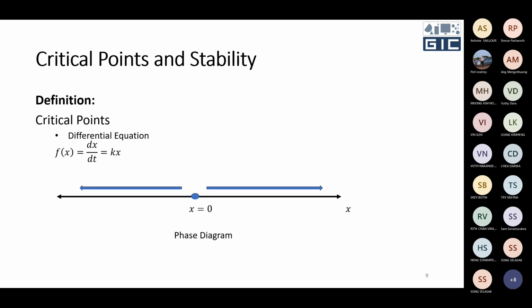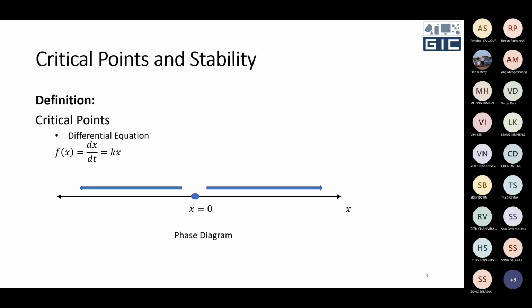So in our critical point, if we have a differential equation f(x) equal to kx in this case, in order to make our function or differential equation equal to zero, the critical point that we find is kx equal to zero, so x equal to zero.